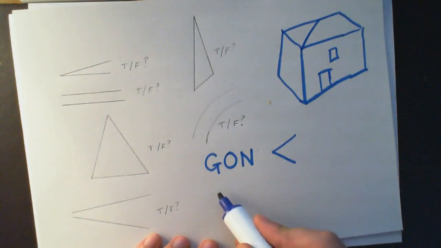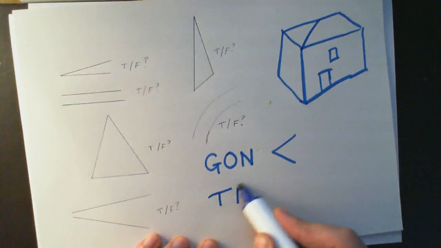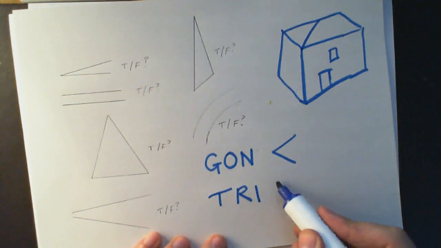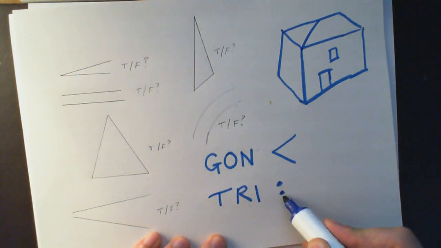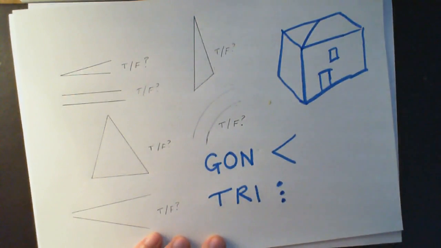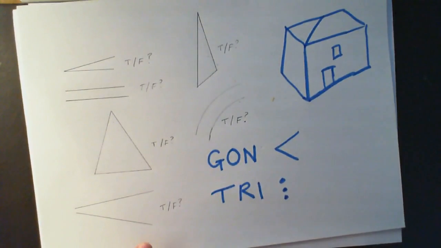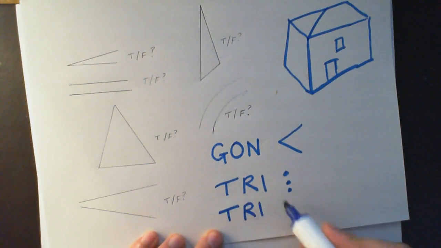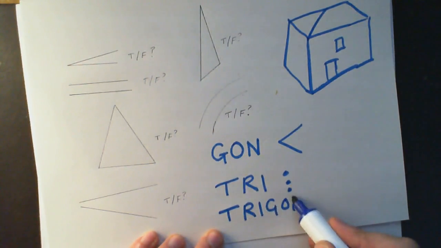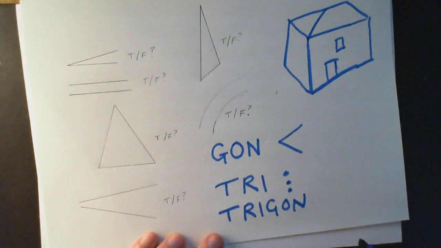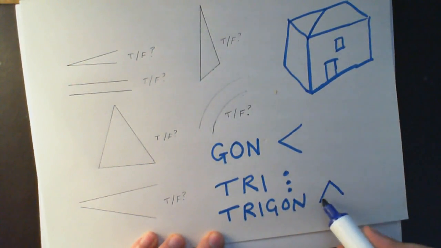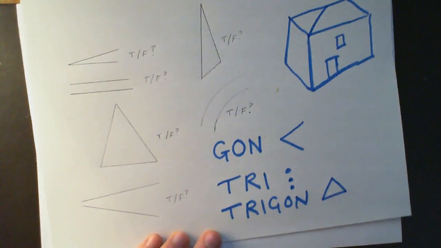Tri is also Greek, and tri means three. 1, 2, 3. That's what tri means. And this gives us two words. We have the word trigon. A trigon is something with three angles. For example, 1 angle, 2, 3 angles.